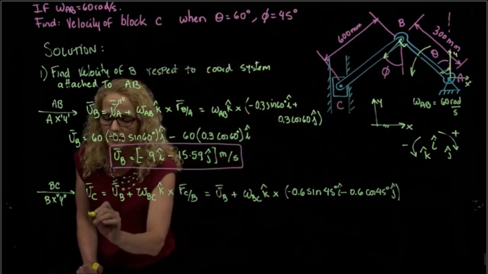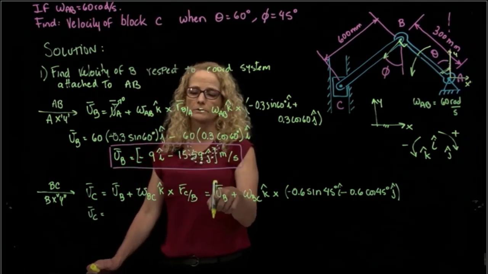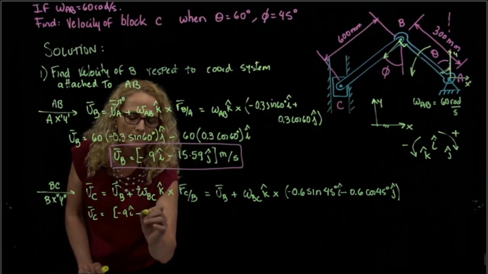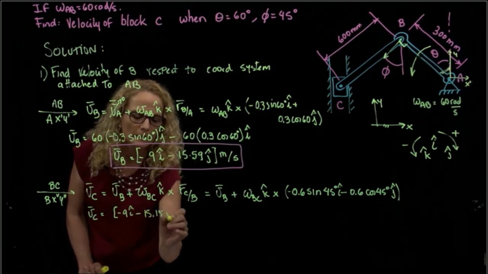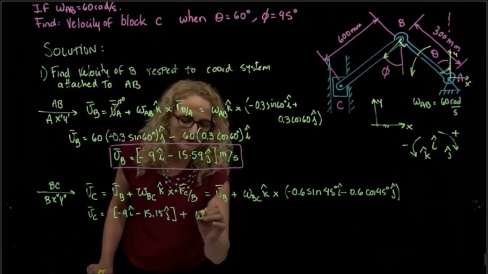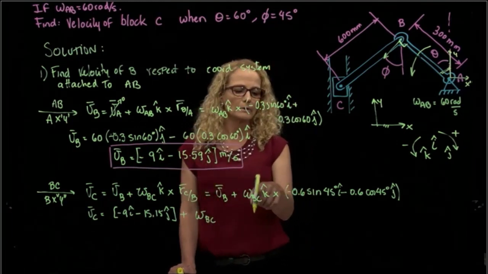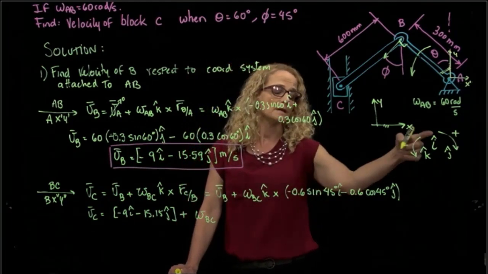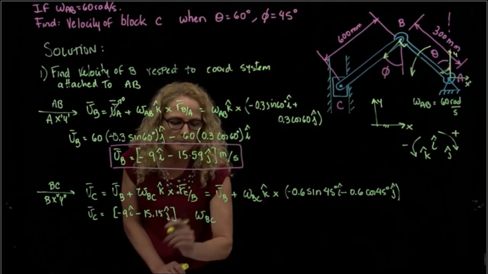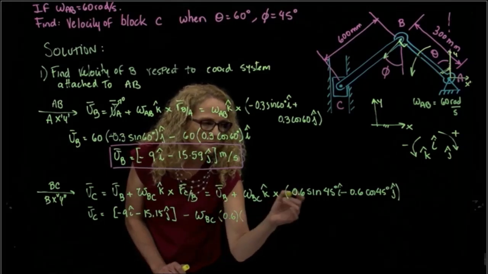So finally, I have that the velocity of C will be equal to the velocity of B, which I will substitute already: negative 9 in I, negative 15.59 in J, plus omega BC in K. Now I multiply K times I is J, with this negative. It has a negative sign right here, so negative 0.6 sine of 45.